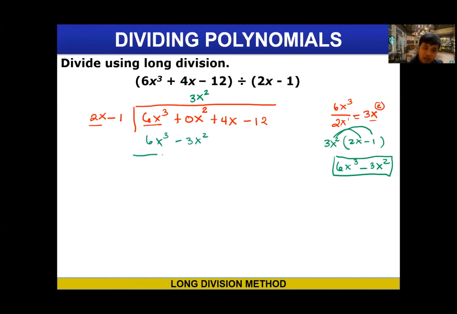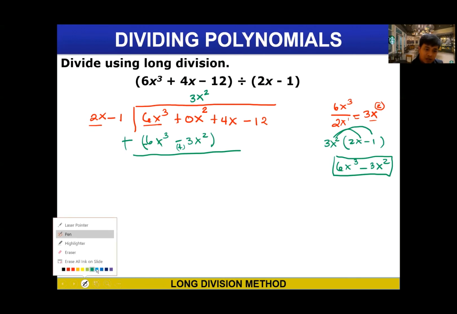As you can see, the alignment is there, the same exponent. Now we do the subtraction. We change the signs: this becomes negative, and this one becomes positive, and then we change to addition.